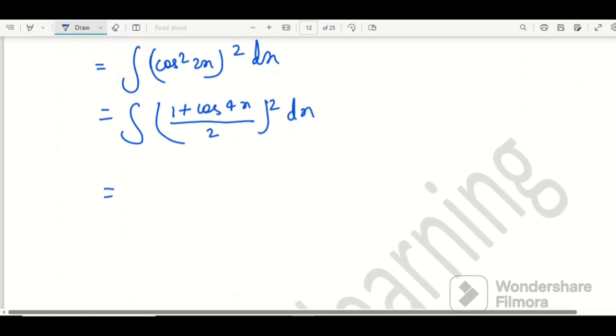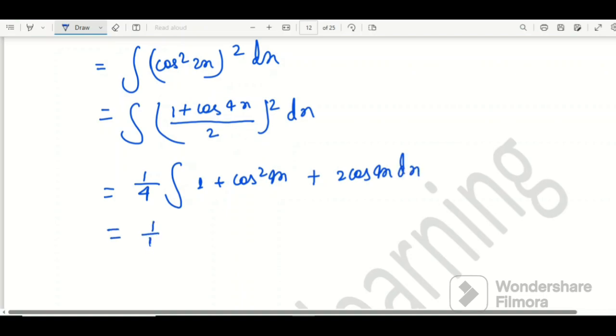And again, now I'll expand this with the formula of a plus b whole square. I'm sending 1 by 4 outside and I'm expanding this function. So it will be 1 plus cos square 4x plus 2 cos 4x.